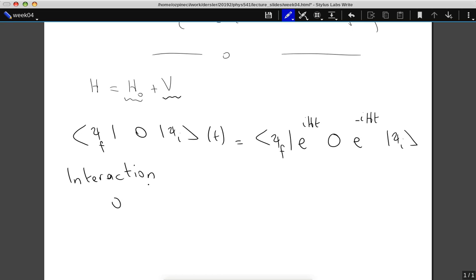We define the interaction picture operators as e to the power i H0 (t minus t0). There is some reference time t0 where we know the states. We calculate the matrix elements of certain operators and see how those matrix elements evolve in time. So the operators evolve under this H0.